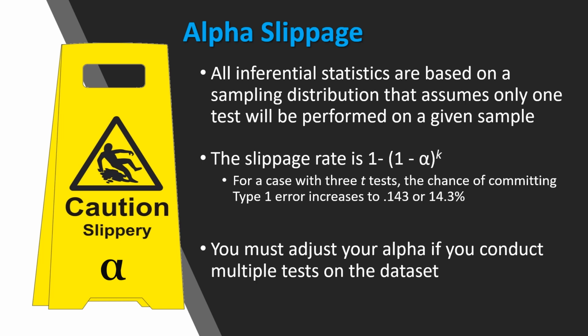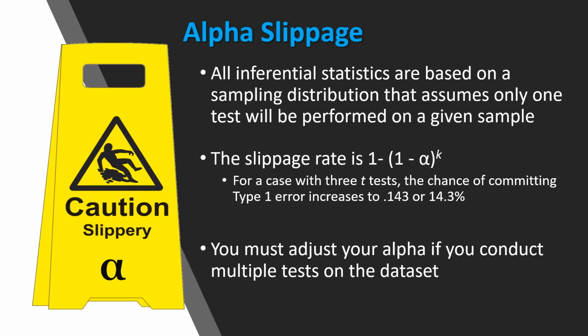We do, however, try to minimize the number of tests we run on a given dataset, because it is true that the more tests we conduct, the higher the chances are that we'll unknowingly commit type 1 error, a phenomenon known as alpha slippage. If you remember from a previous video, type 1 error, also known as false positives, occurs when you conclude there's a statistically significant difference or association, when in reality that conclusion is wrong.